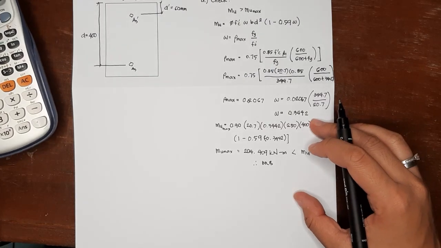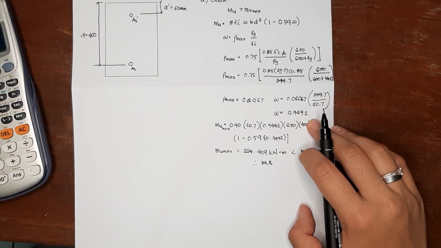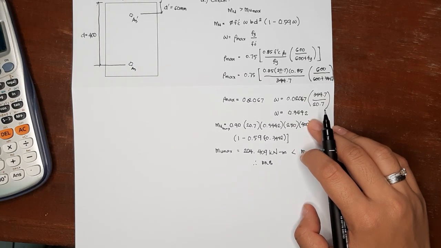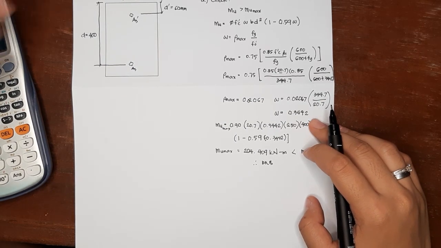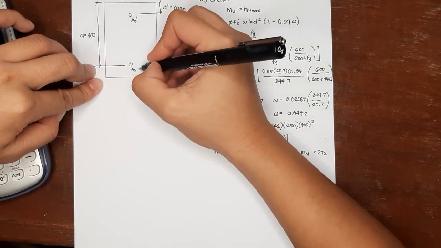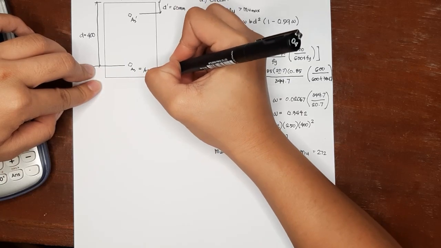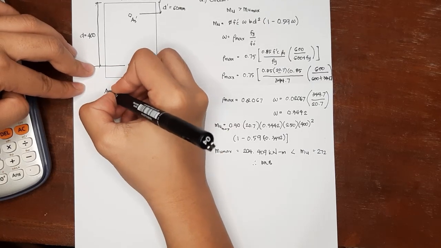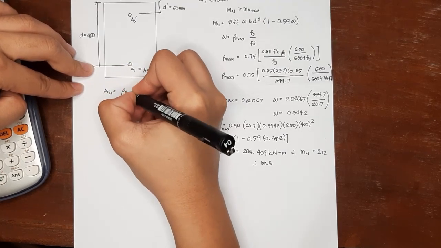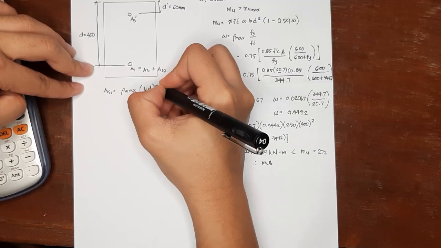Since this is a doubly reinforced beam, we are now ready to solve for our reinforcement. Your AS is equal to AS1 plus AS2, wherein your AS1 is equal to your maximum rho multiplied to your base times depth.